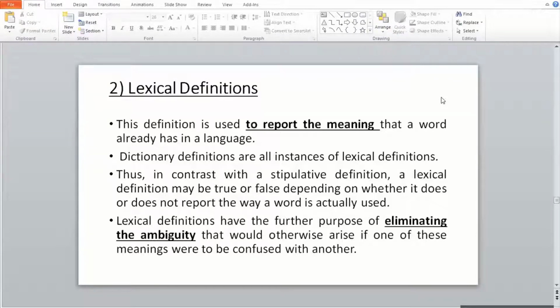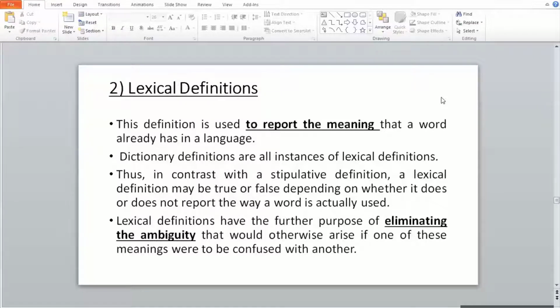One thing that we have seen in the case of stipulative definition is that we cannot say that the definition is true or false, because we have said that in the case of stipulative definition there is arbitrary assignment of the definition of the word.